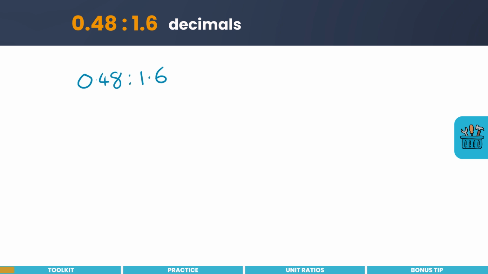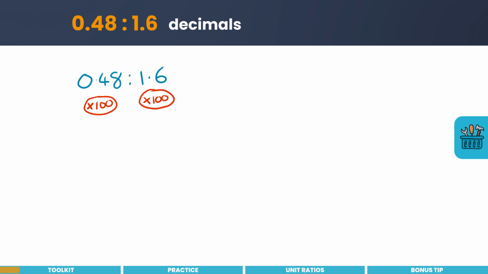To do this, we just multiply both sides by 10 or 100 or 1000, it just depends on how many decimal places we have. In this case, we have 2 decimal places in 0.48 and 1 decimal place in 1.6. So we go with the highest of those two, which is 2, and therefore we multiply both sides by 100.